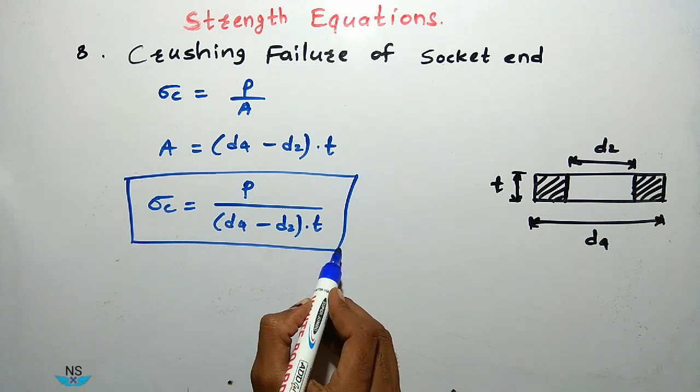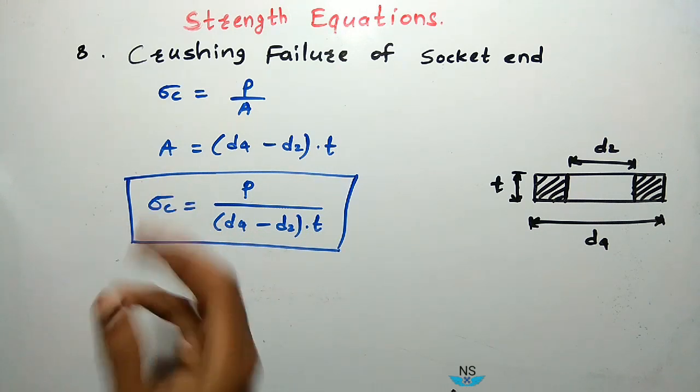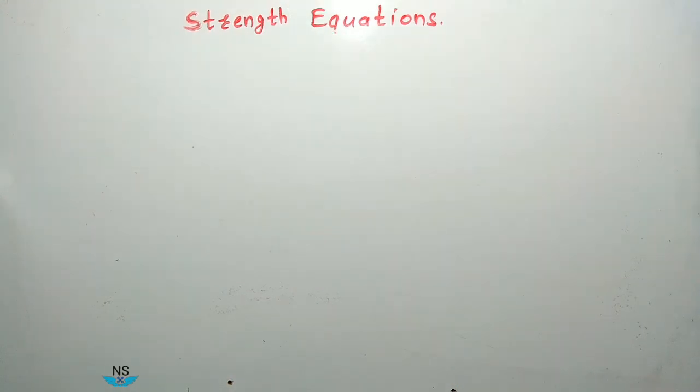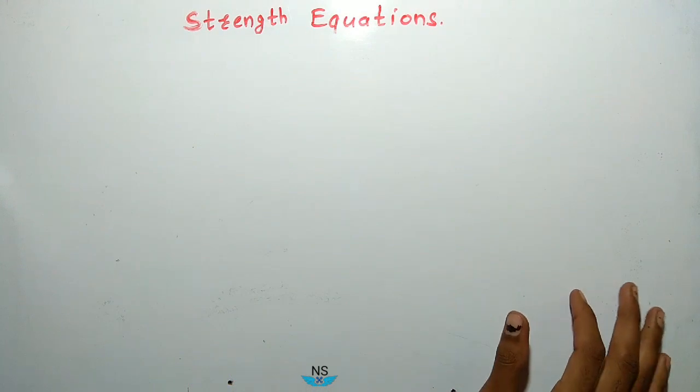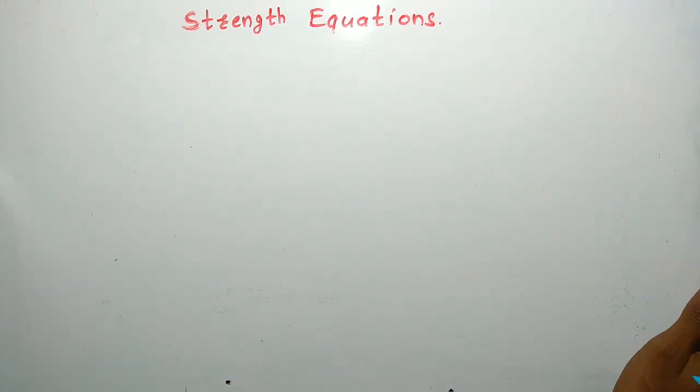So this is the eighth strength equation, and this equation is used for checking purpose. Friends, one strength equation is remaining, that is bending failure of cutter.